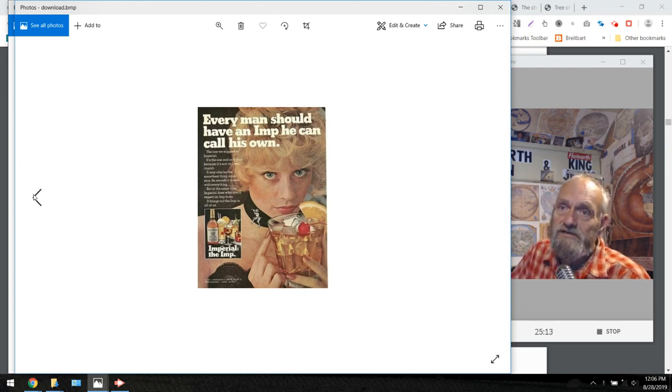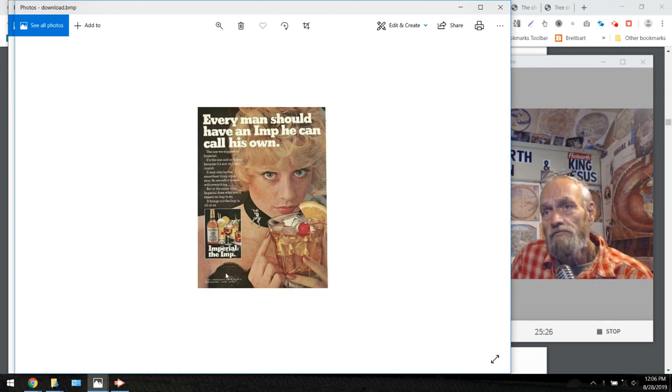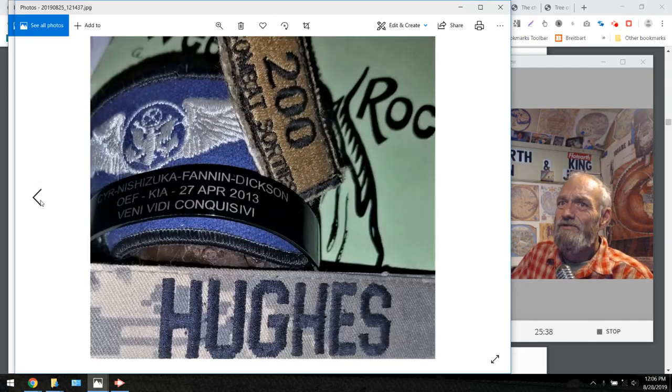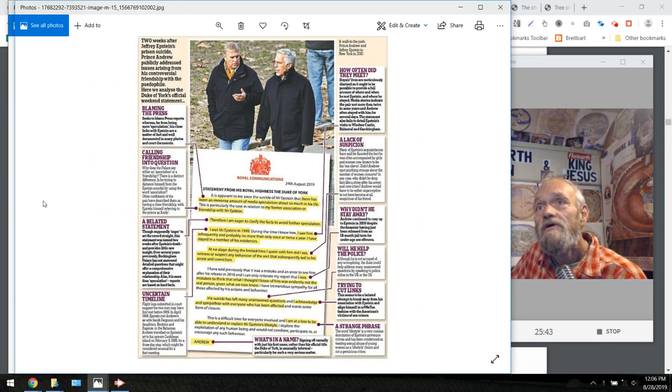And this is an ad from the 1960s, and it has the imp. This is one of the ones famous for the subliminal advertising and how they do it. 345 triangle, I think, and just a lot of weird stuff going on. But man should have his own imp. That's what we're dealing with.